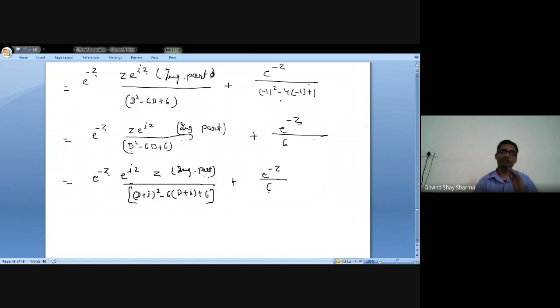Similarly, this becomes z sin z, and we can write sin z as the imaginary part of e to the power iz.